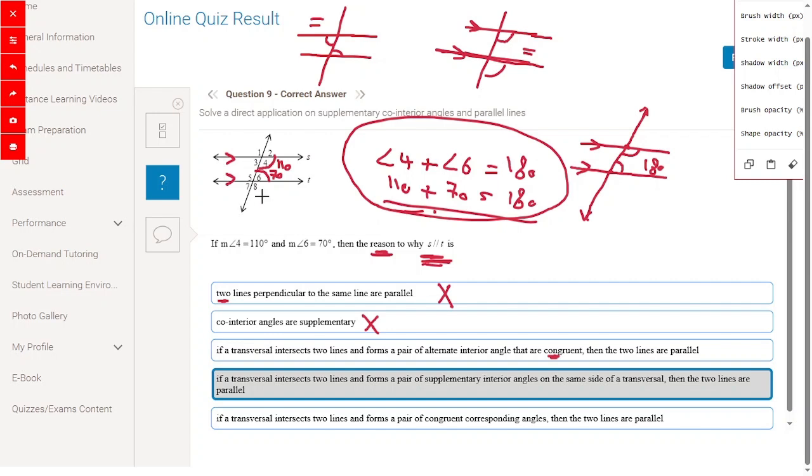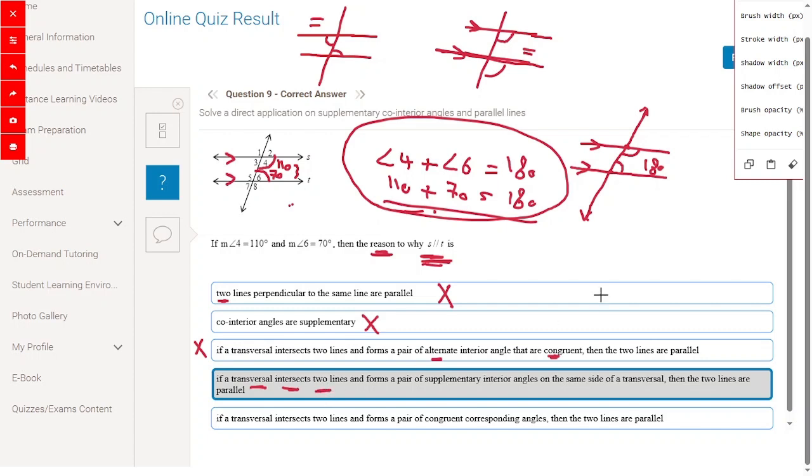Alternate interior angles that are congruent, because they will be equal, then the two lines are parallel. No, it isn't the right answer, because here we are talking about interior, not alternate interior, by the way.